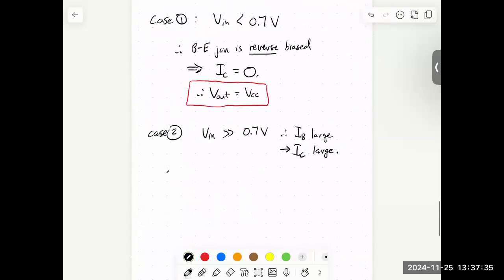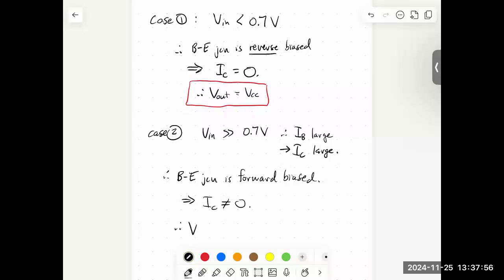So therefore, the base emitter junction is forward biased. And that means that the collector current is not 0.